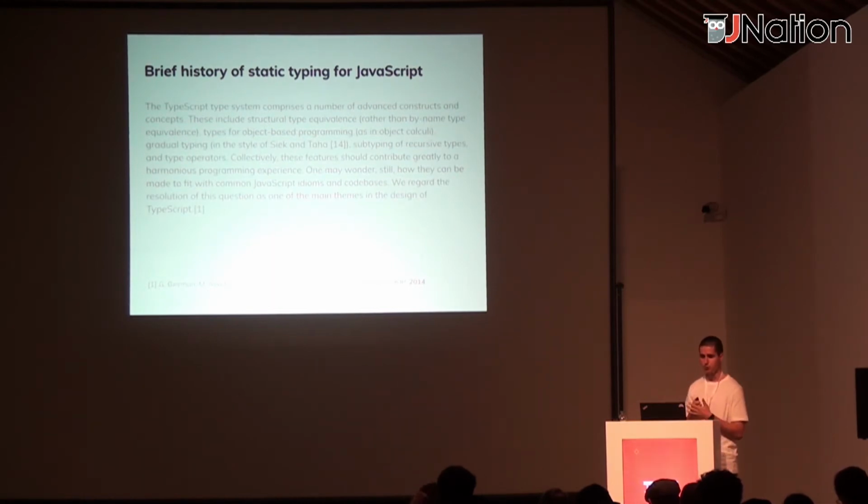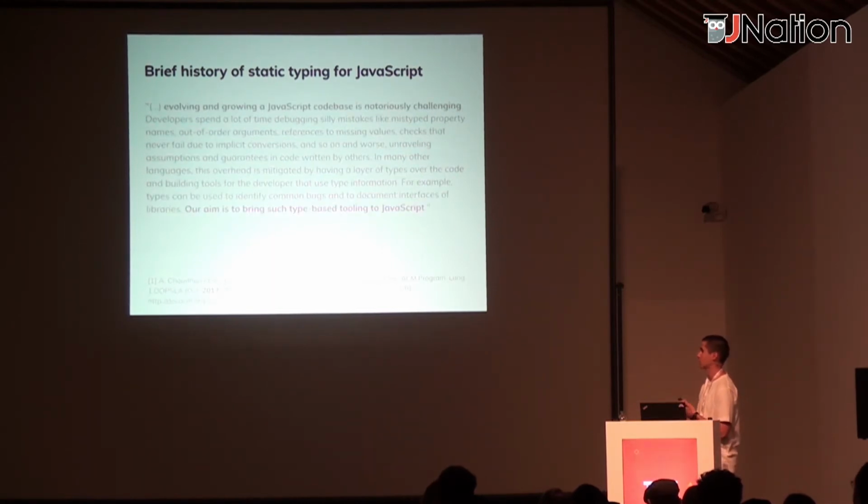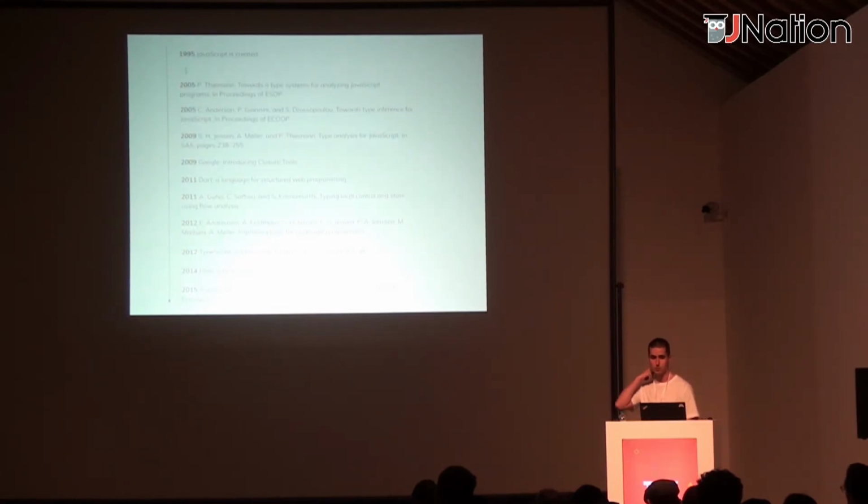Then we have the TypeScript introduction paper and the Flow introduction paper from 2015 and 2017 respectively that explain the design goals of both tools. And so from a high-level overview, we have this timeline where even to this day, we're still doing research on how we can make static type checkers for JavaScript safer and more efficient. But it took a long time for us to get here.